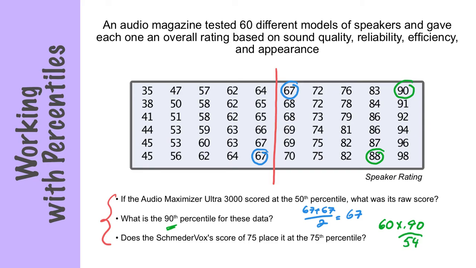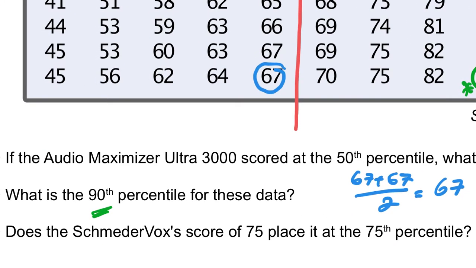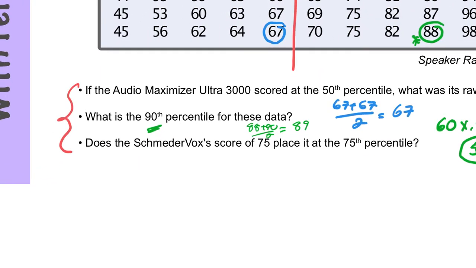So we're looking at item or piece of data number 54 and 55, and we're going to take those, add them together, and divide by 2. So this will be 88 plus 90 divided by 2, which is 89. So the 90th percentile would be a score of 89.